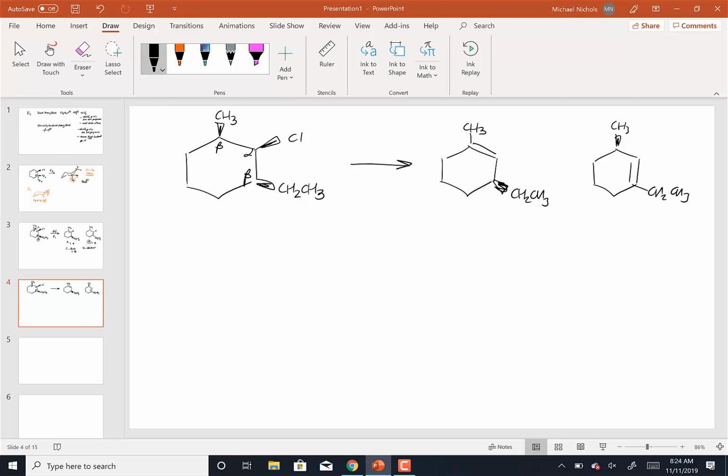So in this case, I only see 2 possible products, A and B. C again is going to be both. D is going to be neither.